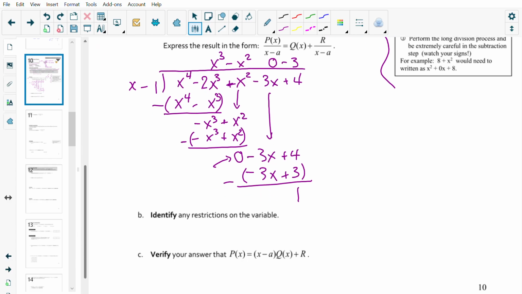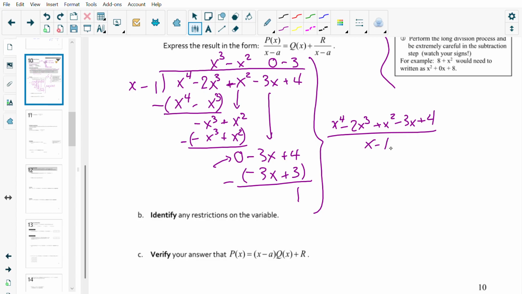So let's rewrite all of this as x to the 4th minus 2x cubed plus x squared minus 3x plus 4. Remember, we're dividing by x minus 1. That equals x cubed minus x squared minus 3, so this part right here is the quotient, plus 1 over x minus 1.